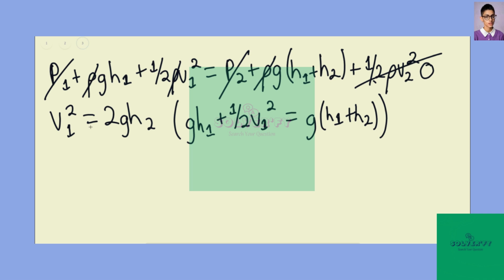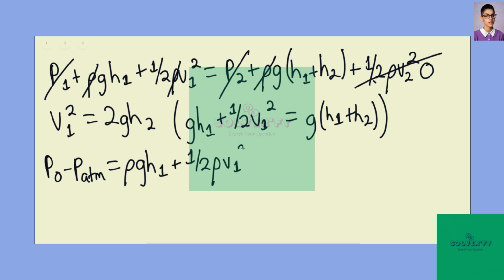So we can finally say that P naught minus P ATM equals rho g h sub 1 plus 1/2 times rho v sub 1 squared, 1 minus d sub 1 to the 4th over d sub 0 to the 4th.